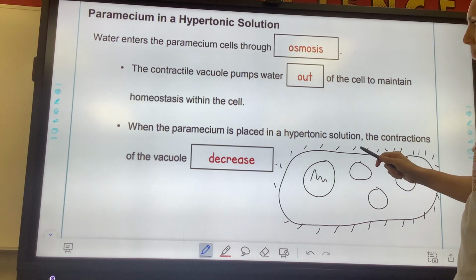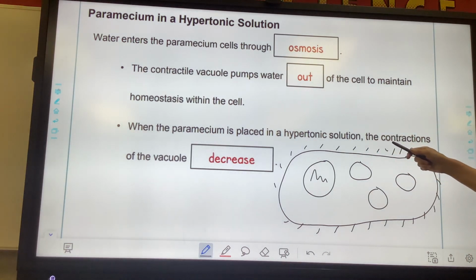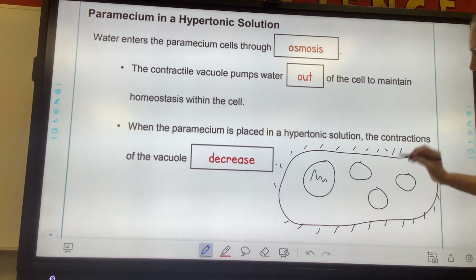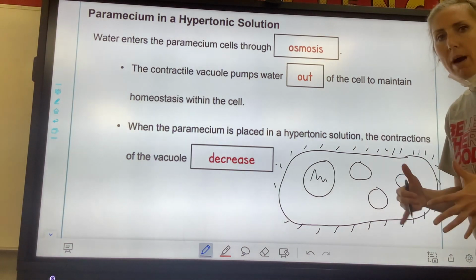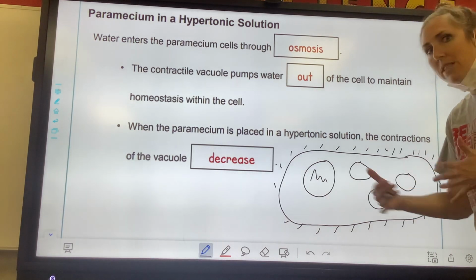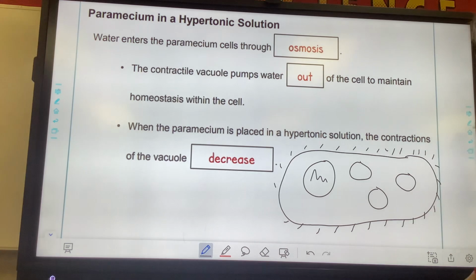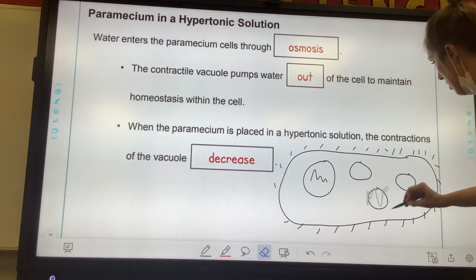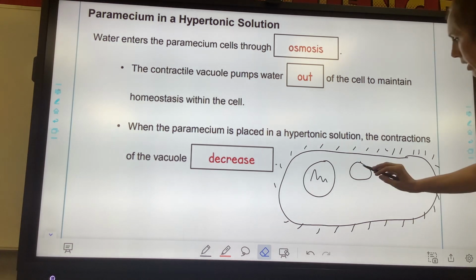When the paramecium is placed in a hypertonic solution, the concentration in the vacuole decreased. So what they're saying is, you always have to count the amount of salts or particles, and that's what's going to happen to the vacuole. I am only going to draw one vacuole for now. Here's our one vacuole.